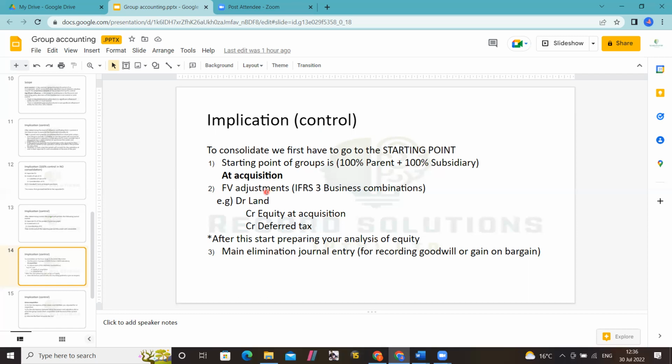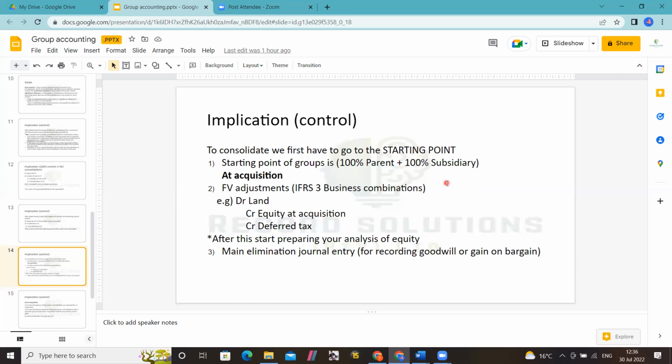Because today basically we are summing up group statements. Now those adjustments. So let's say I'm talking about the intangible asset, and they tell you that the intangible asset was not recognized in the subsidiary. So in the subsidiary, for that intangible asset, you don't have anything. However, now you can record it because the IFRS 3 business combination rules say that even if you can just identify the intangible asset, you can recognize it.